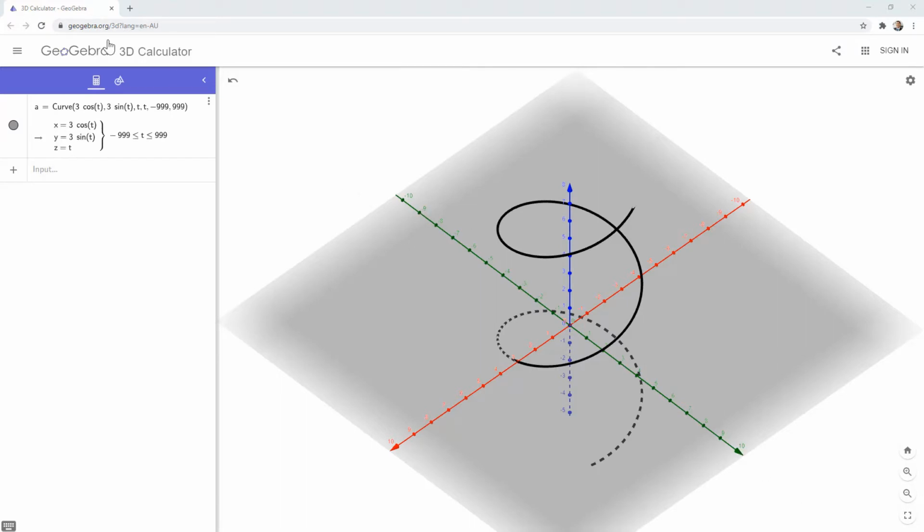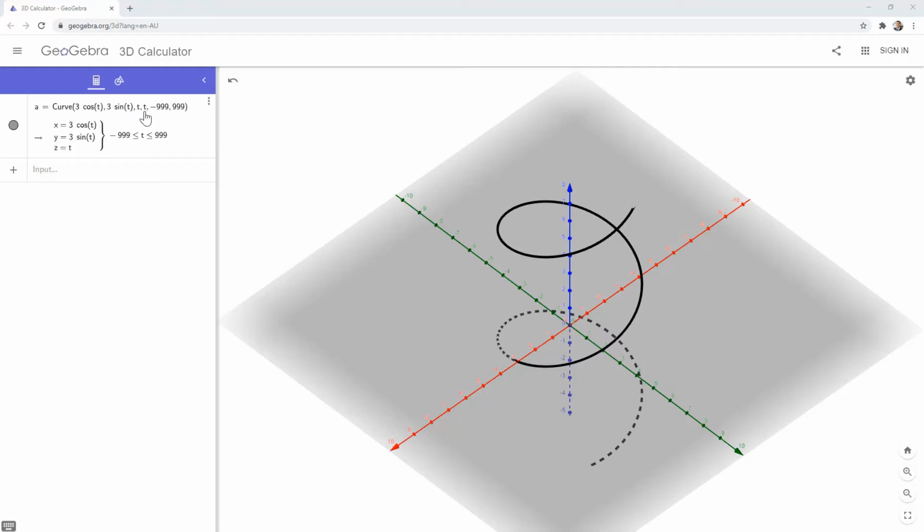Alright, so I've come on to GeoGebra, which turned out to be easy enough to represent a parametric vector equation in a format that made it visually quite workable. Basically, I had to just use this function called curve, and it asked for the three different x, y, z inputs.